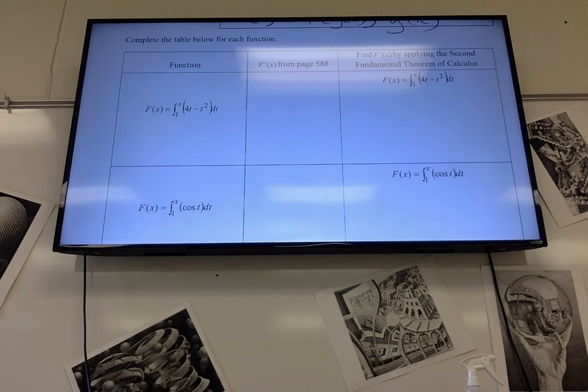Circle it, there we go. And it was from the page before. We did F, and then we did F prime.